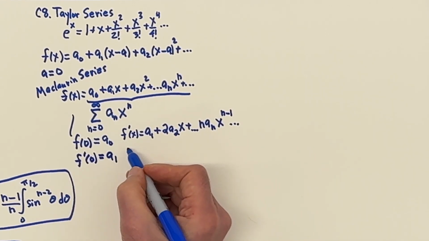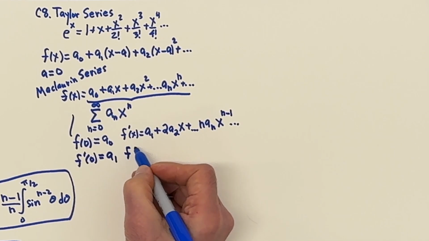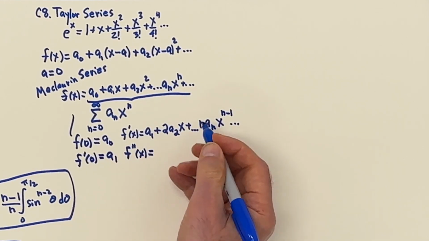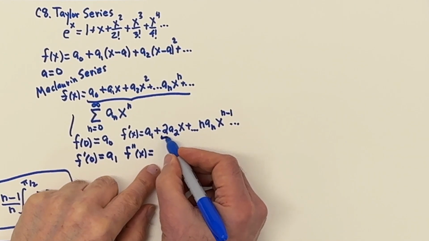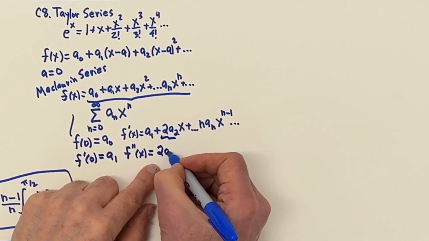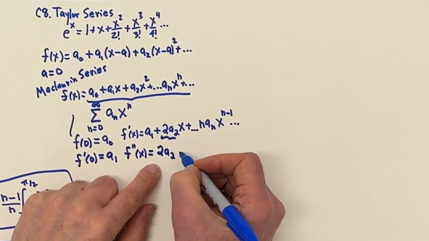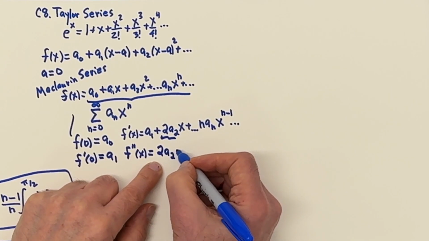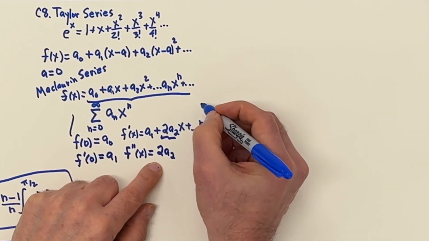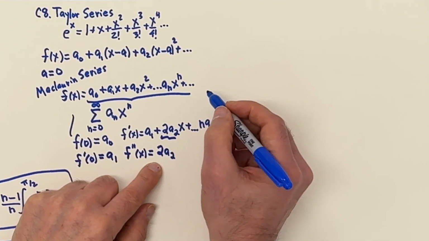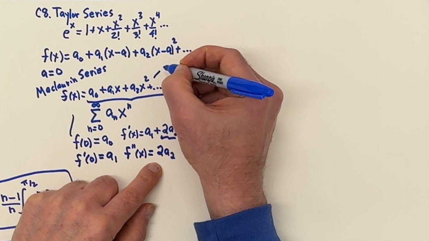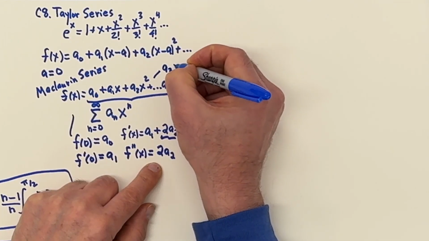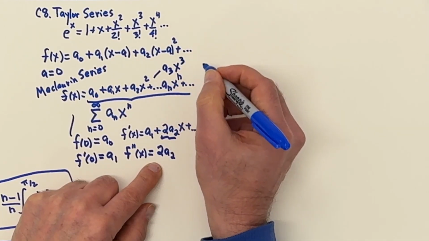Well, being encouraged here with derivatives, we'll take now the second derivative. Now the a1 goes away, and we pull off 2a2. And let's see, if we were to add one more in here, might not be a bad idea, a3 x cubed.